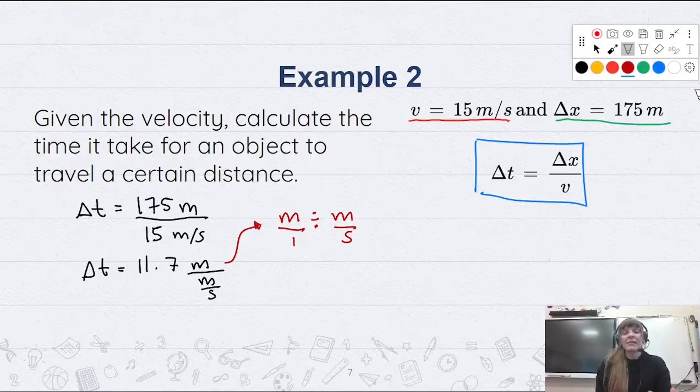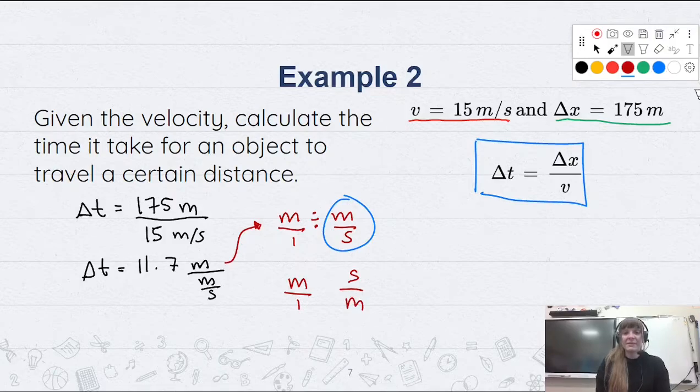We have to remember our rules for dividing fractions. So if we divide fractions, the first thing we need to do is we need to take the reciprocal of this one right here. So that means that we are going to flip it. It's going to become meters, and then this is going to become seconds over meters, like that. So this is my reciprocal.